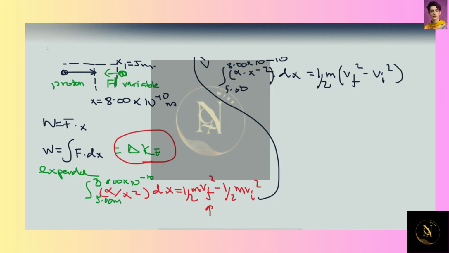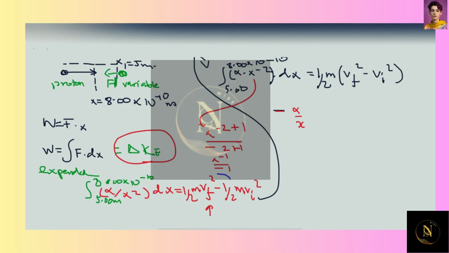At this point, we could do the integral. If you do the integral, you end up getting negative alpha over x. Why is it alpha over x? Because if this is negative 2, when you do the integral, you do negative 2 plus 1, and that gives us x to the negative 1 over negative 1.